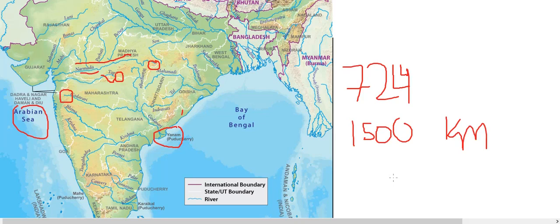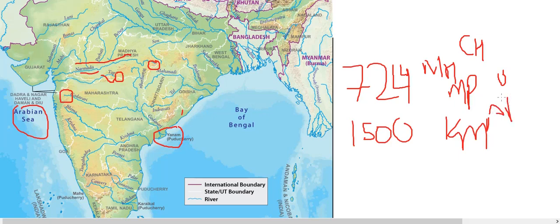Originates from Nasik in Maharashtra. Penganga, Indravati are some of the tributaries which join the Godavari and make the drainage basin large. And it passes through 5 states. 5 states are Maharashtra, Madhya Pradesh, the Chhattisgarh area, Odisha and ultimately Andhra Pradesh.